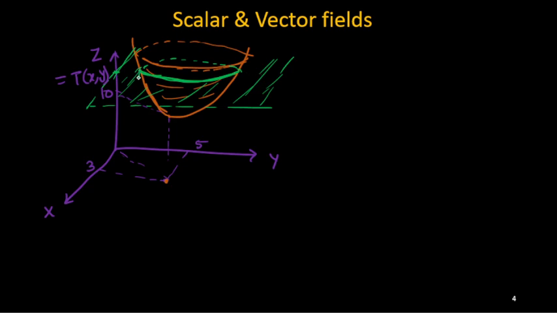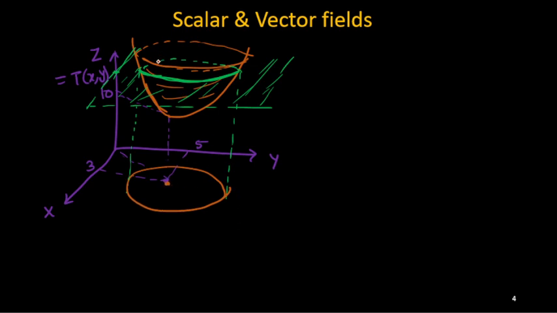So if I map it on the xy plane, if I take a projection on the xy plane, we will be getting one such contour. Okay, so that I will show in this way. So this is around this point, the center point.